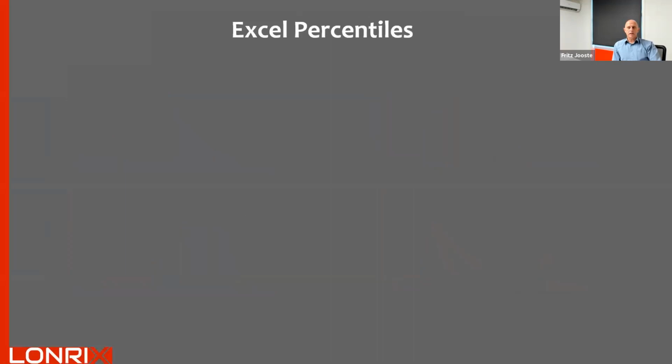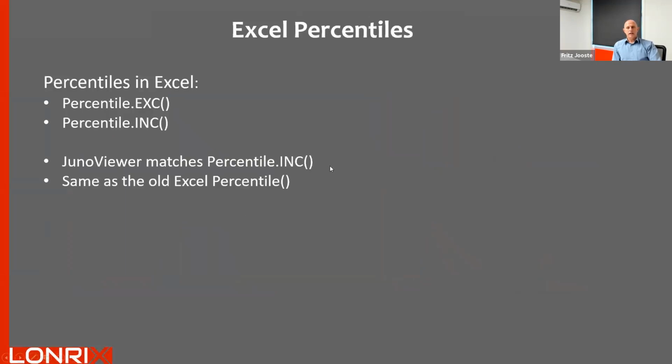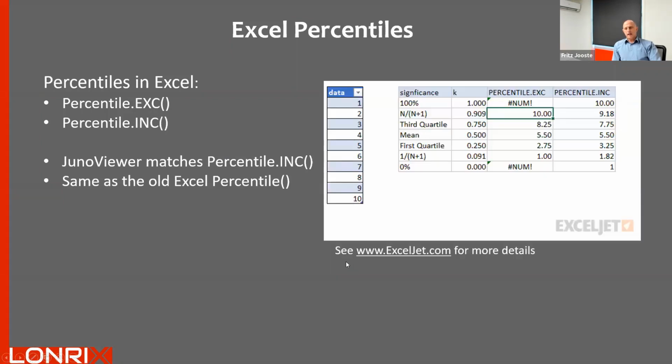So one word about the percentiles in Excel. You'll find there's two formulas for calculating percentiles. The one is the one that's excluding 0 and 1, and the other one includes it. If you're interested, just go and Google percentiles in Excel EXC versus INC, and this site has got a nice example showing the differences between the two.